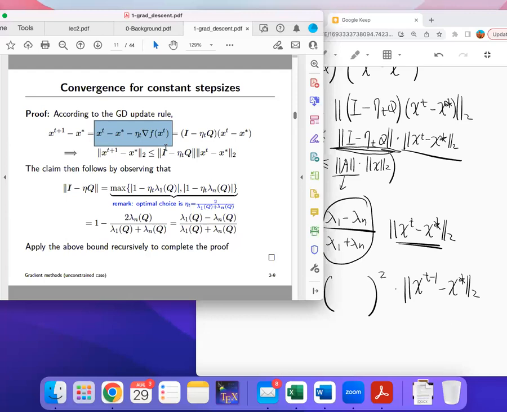And the second thing is your problem. Because this is a quadratic problem with a positive definite matrix Q, we can have these nice properties. We can compute these singular values explicitly. So it depends on both.